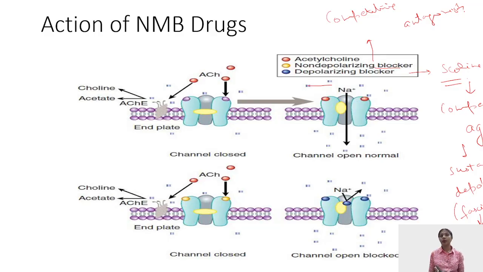The depolarizing blockers, as their name suggests, have one phase of depolarization, in which there is sustained muscle contraction leading to fasciculations. That is, they activate those receptors. But they don't stop here.